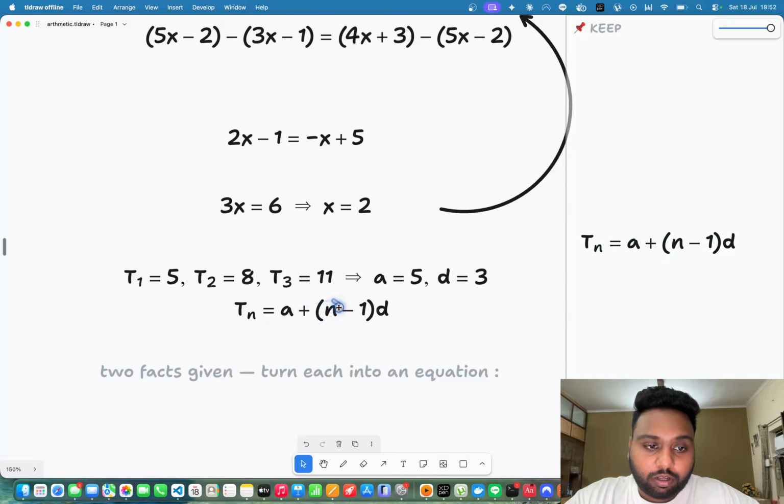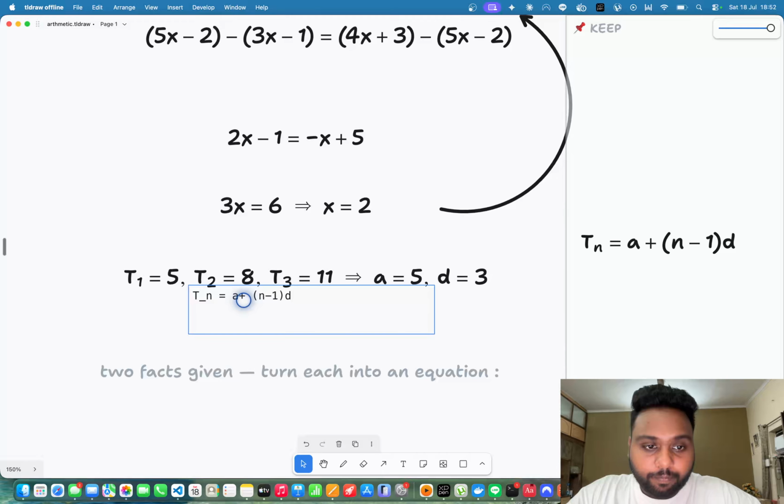If you guys want an example, I can write it here. So this is going to be 5 plus (n minus 1)d, which is 3, and if we open the brackets, this is going to be 3n plus 2, right? It's going to be 3n plus 2.